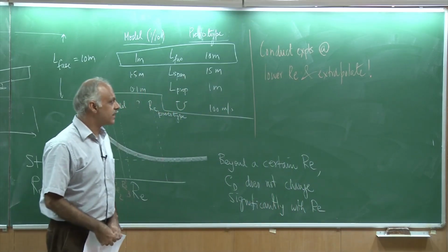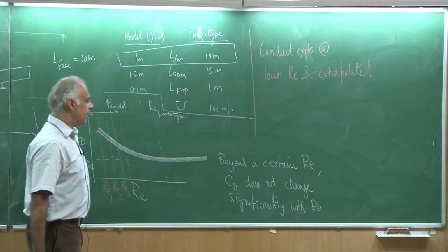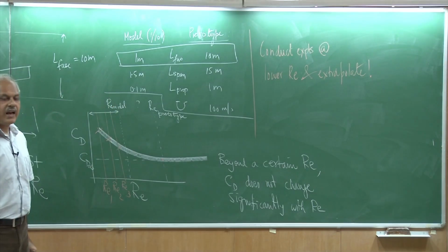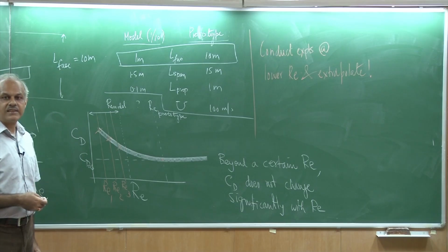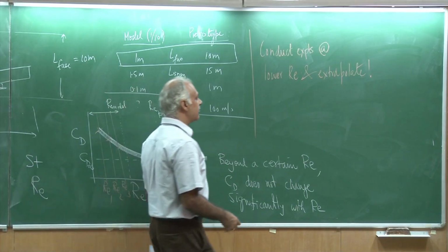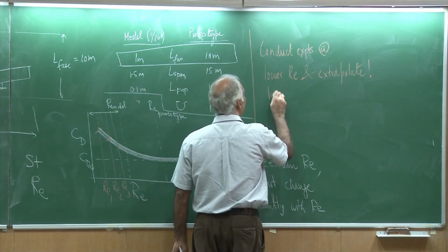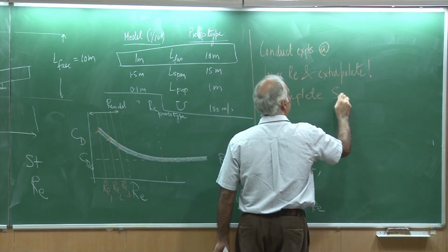So here is a situation where because of certain parameters and your resource limitations, you are not able to do a dynamic similarity. You are not able to match the Reynolds number, and therefore you do this kind of modeling. This is also called incomplete similarity.